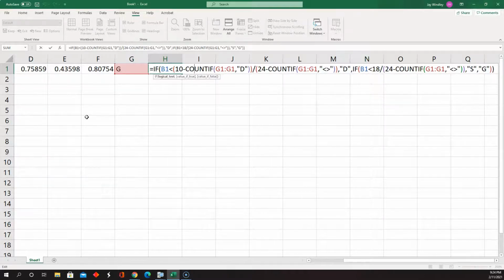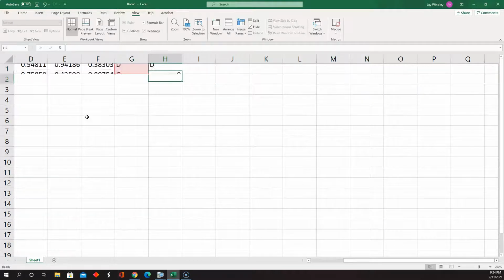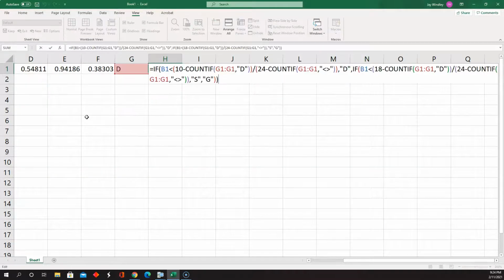So let me copy what I have over here for this less than. So in place of this 18, we're going to say 18 minus this, just making sure we have no errors there.